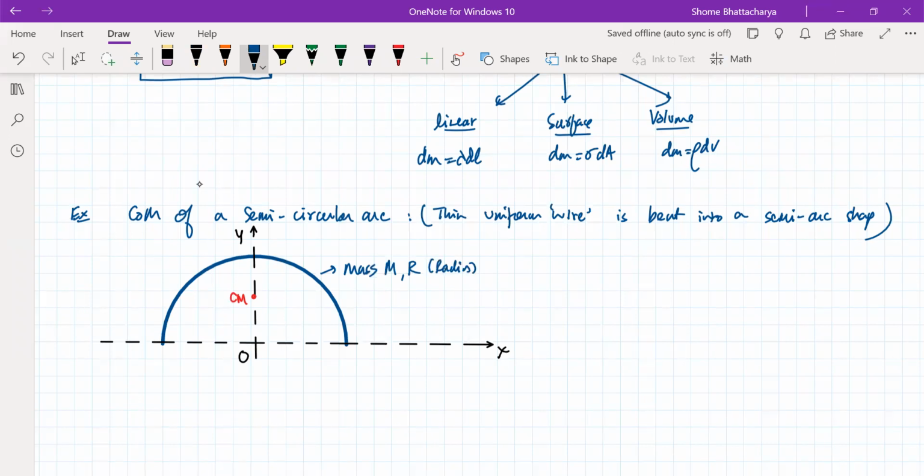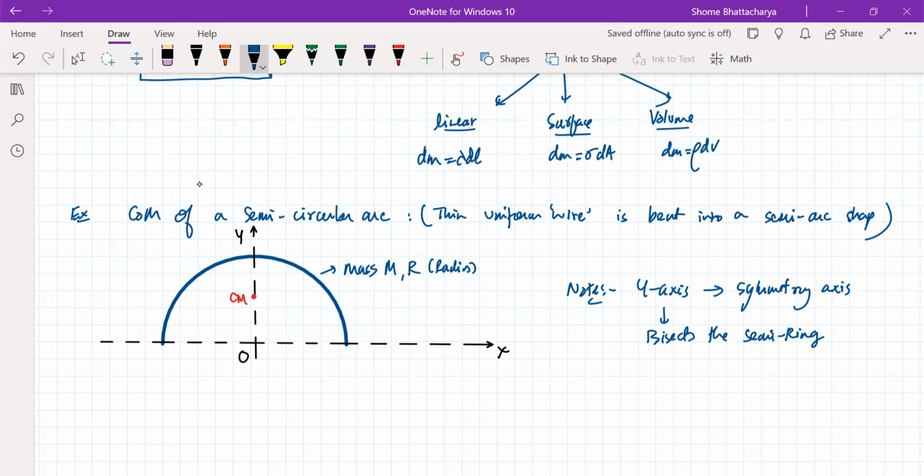What I've understood here is that the y-axis is the symmetry axis, because it bisects the semi-ring. So either side is like a mirror image of the other side. You can fold it about itself and it will perfectly fit.